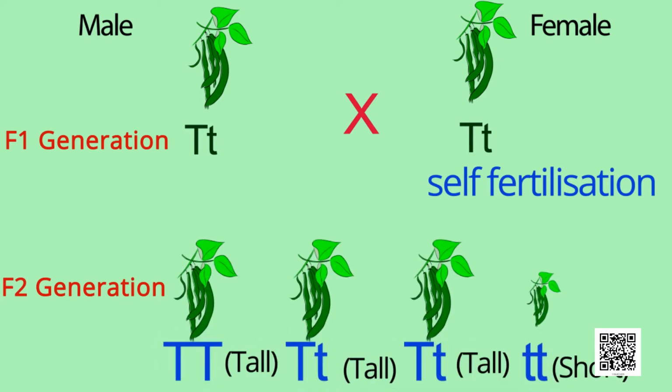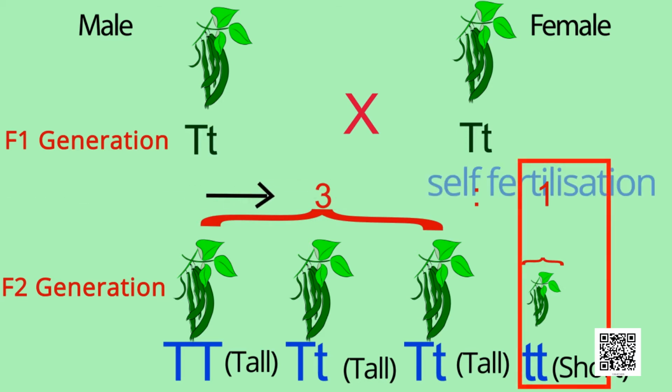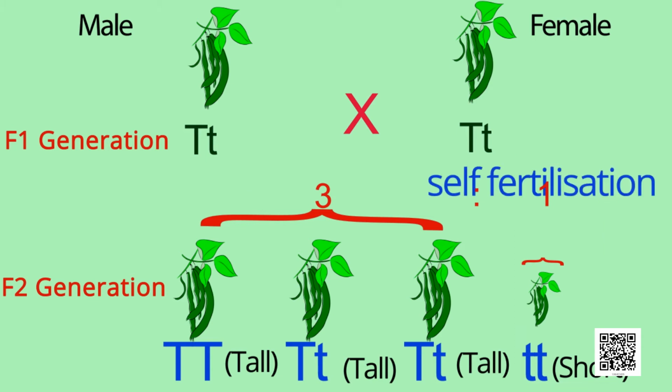Though these plants were tall, they had genes both for tallness as well as for shortness. Now, the results of his experiment further surprised him, as he obtained 3 tall plants and 1 short plant, with the ratio 3:1.